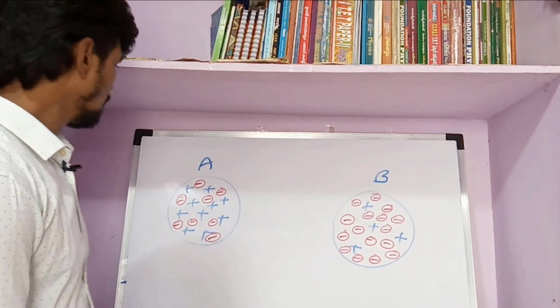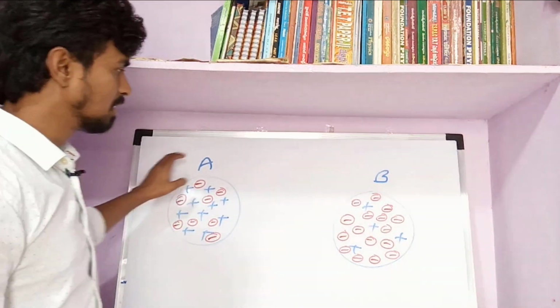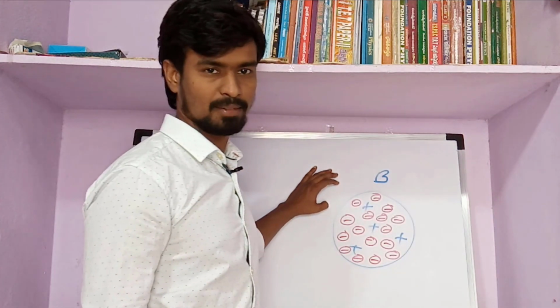Now observe the two points. Here it is a majority of positive charges and here it is a majority of negative charges.